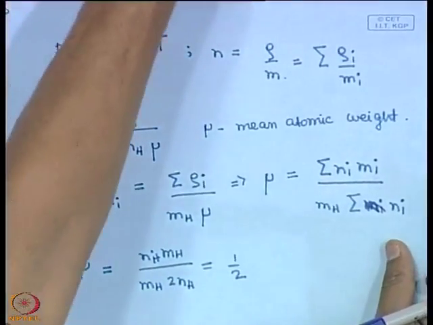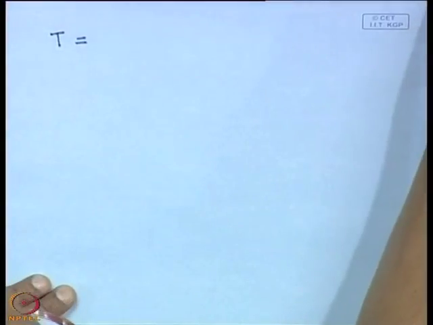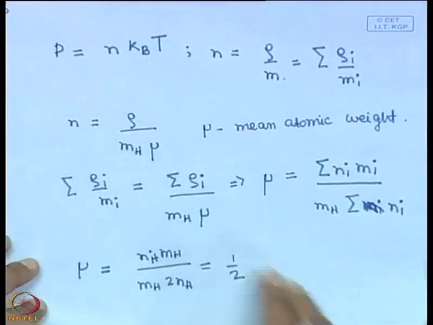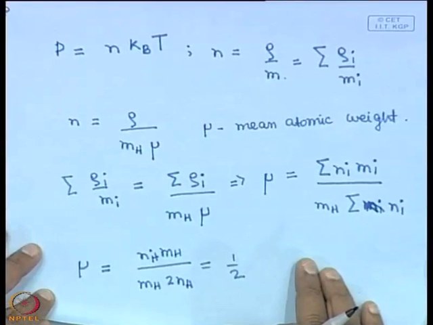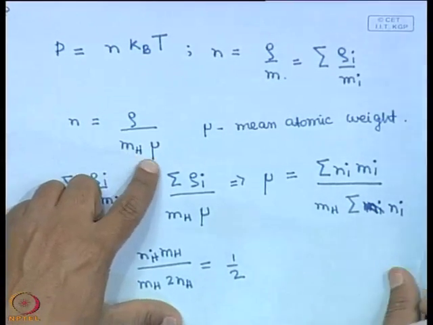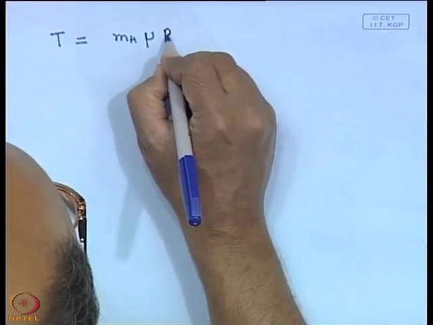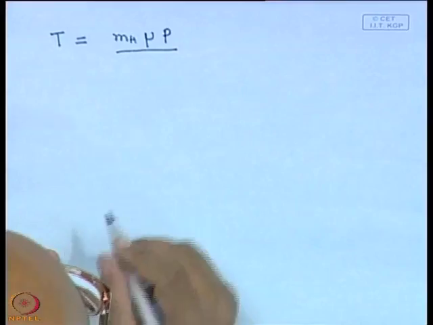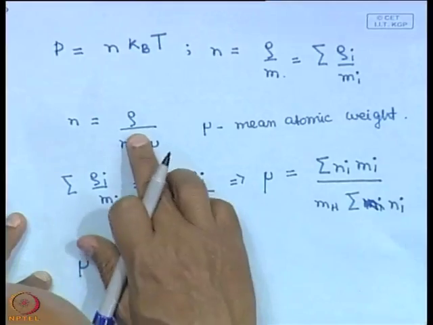So, all that you have to do to estimate the temperature is, T is equal to, so the temperature is equal to mH mu P divided by rho into Kb.